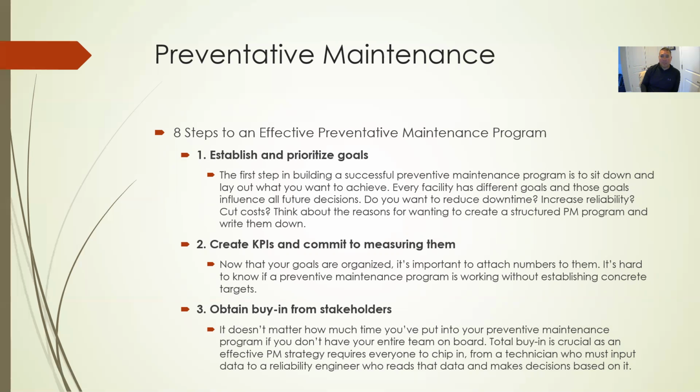Create KPIs and commit to measuring them, right? Key performance indicators is what a KPI is, right? So if you are doing annual reviews for your employees, and preventative maintenance is part of what you're holding them accountable for, that's how you measure it, right? So, hey, you're great out with the customers, you're great on the equipment, your properties all look good, but your crew has the highest repair costs out of the 4 crews that we have.